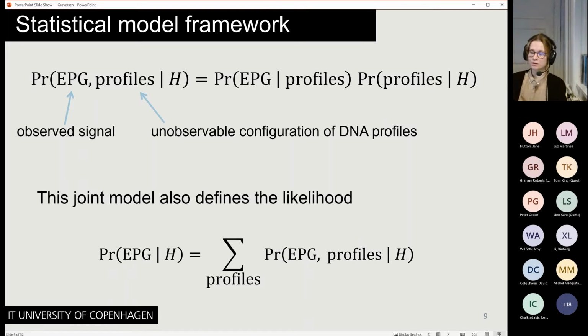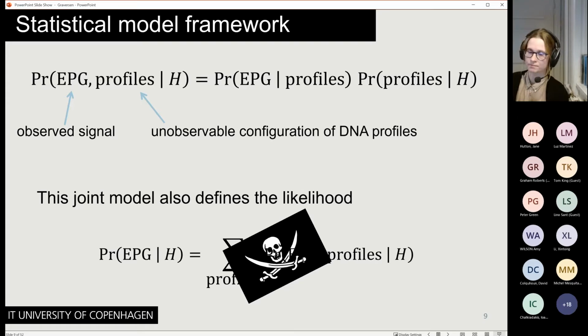And this likelihood, if you want to get it from the joint model, that's a sum over all the profiles. If these profiles have a distribution, as in the population, this is a huge sum, and we don't like this.